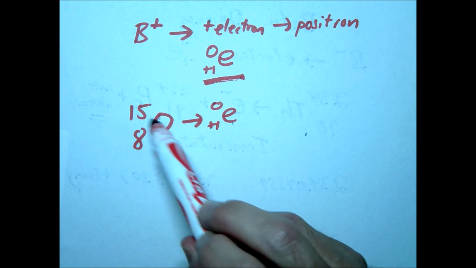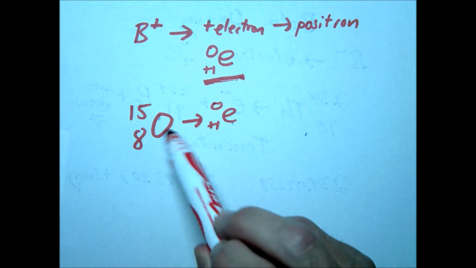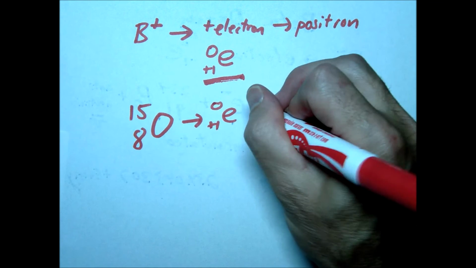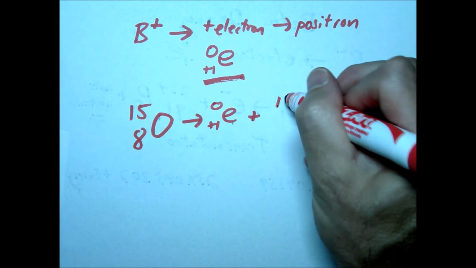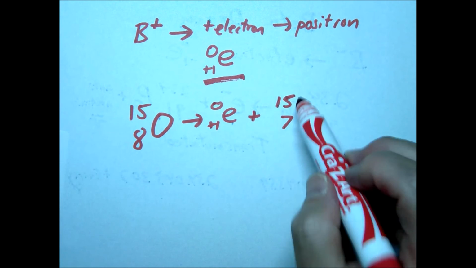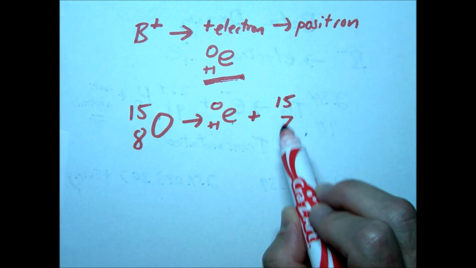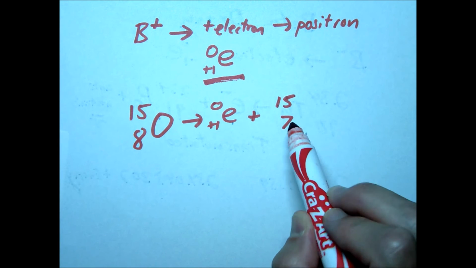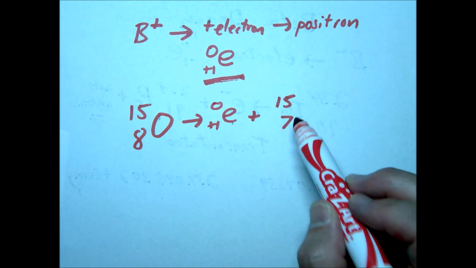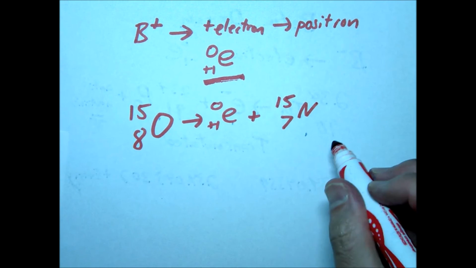So in order for charge to be conserved, if this gains a positive, then this is going to have to lose a positive. So remember, in beta decay, nucleons are going to stay the same, but in this case what's going to happen is we're going to now lose a proton. And in fact, we don't lose it. What happens is a proton now turns into, or transmutates into, a neutron. And this would be nitrogen.